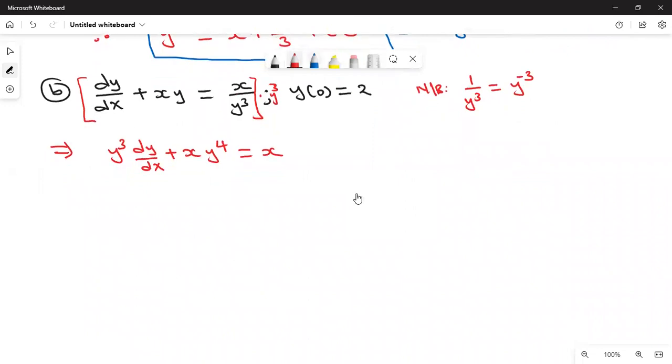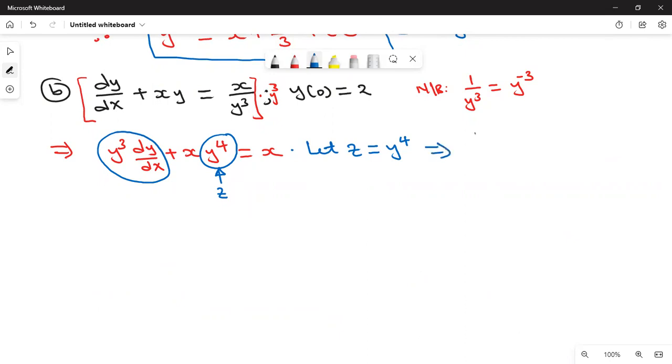Now, we need to transform this equation to a linear ODE in the new dependent variable z. So this one is z. Now, if that is z, then what will this be in terms of z? So we say let z be equal to y raised to 4. So from here, it means the derivative of z with respect to y is equal to 4 times y cubed.